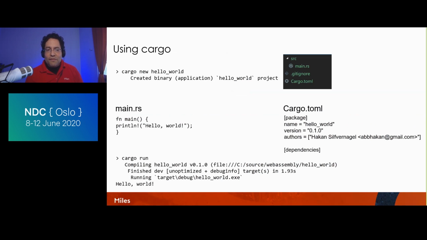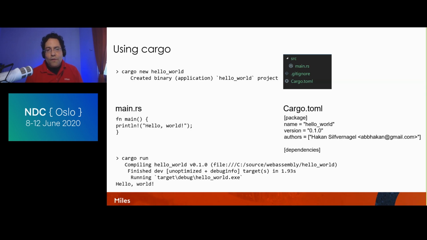In our main Rust file, we have a definition for a main function, and it will just print out hello world. In the TOML file, we have the package definition where we need to define the name of our package, a version, and also the authors. If we have dependencies on some other crates, we can define those here in the package definition too.